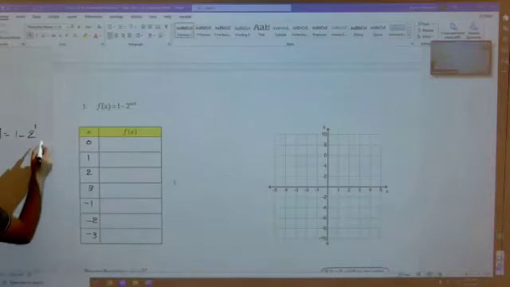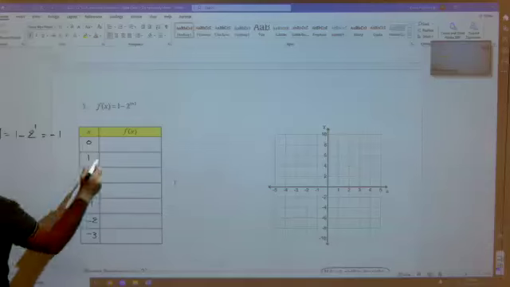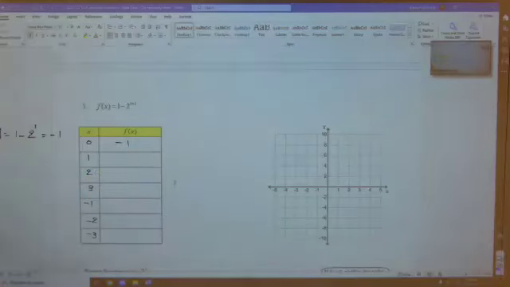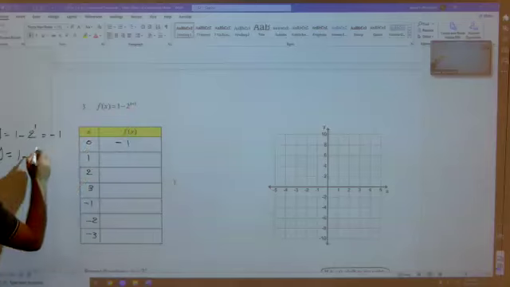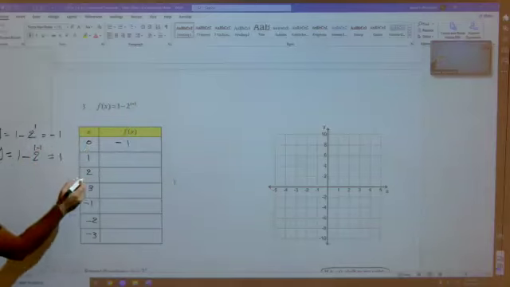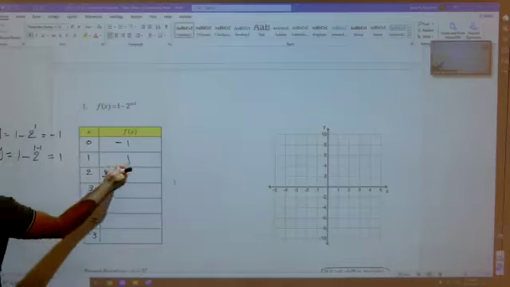It's going to be 1, which means 1 minus 2. Is that the first number you got? Plug in 1. Y is going to be 1 minus 2 to the 1 plus 1.